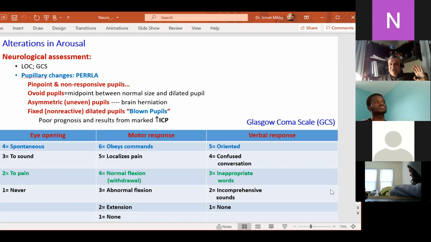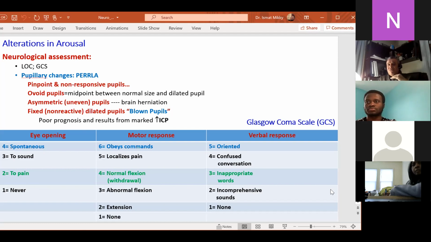Pressure on one side pushes the brain to be herniated to the other side. So that's herniation pushing the other side of the brain because of increased intracranial pressure, increased ICP. That's when there are asymmetric, uneven pupils, one constricted and the other dilated.